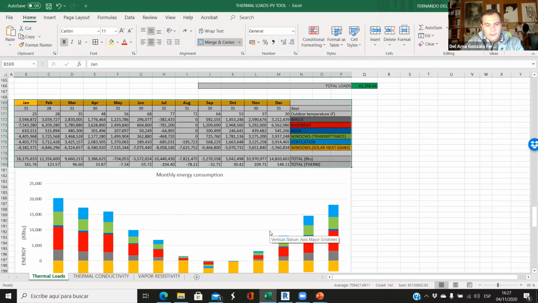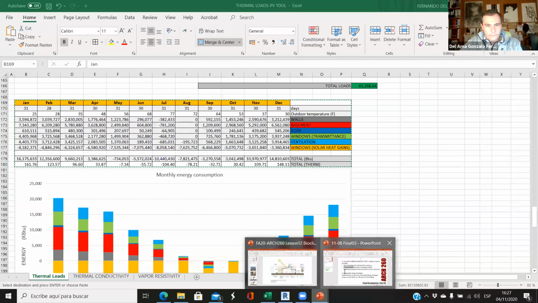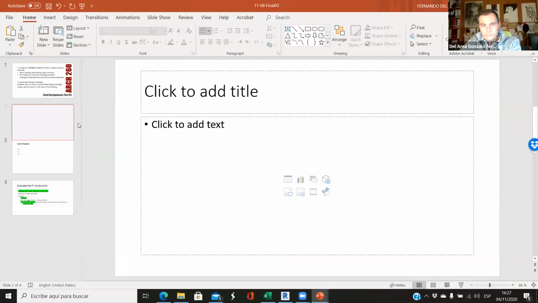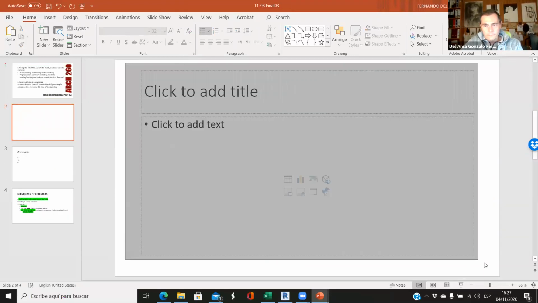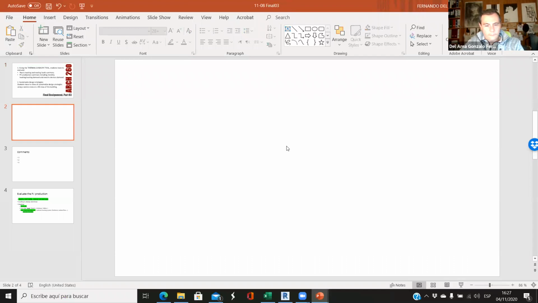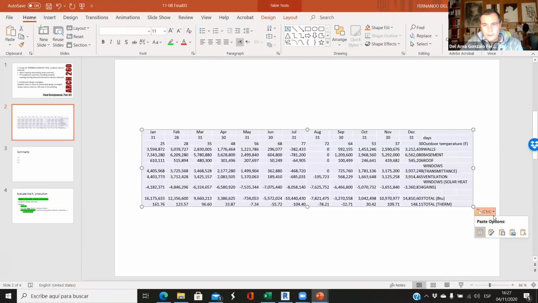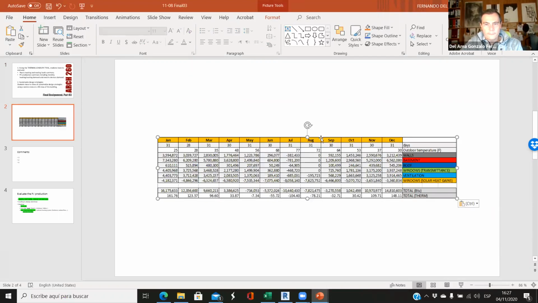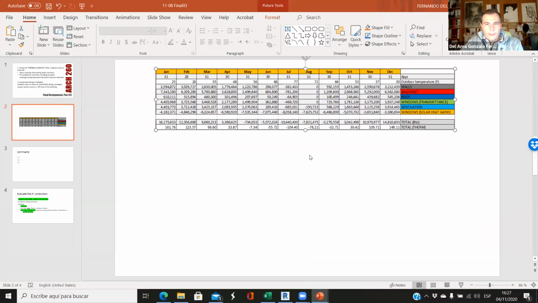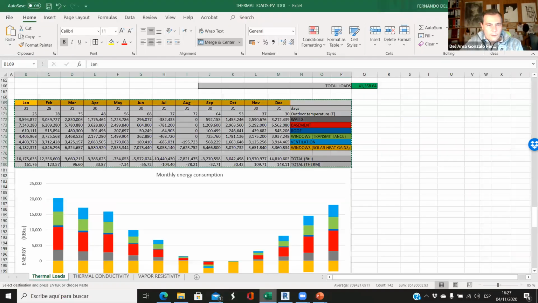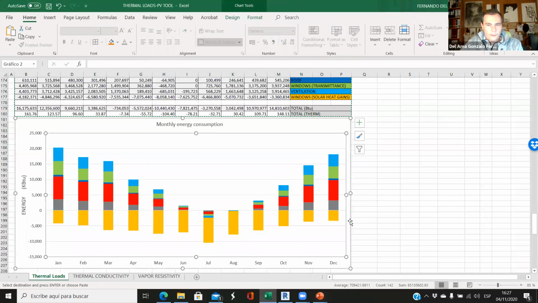So for the assignment, we have to copy this. We have to insert this table here. And now we have to insert the graphic as well.